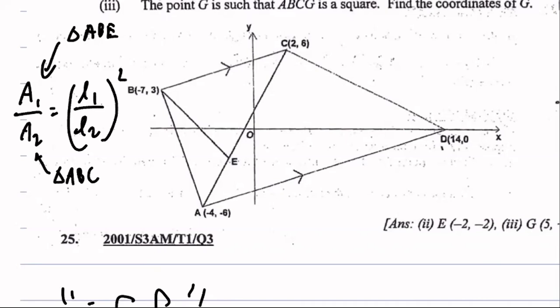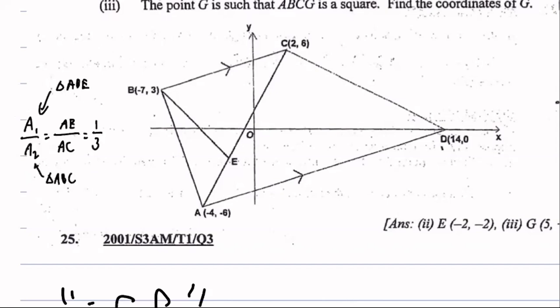But here we don't need to square, because they are not similar triangles. They are just common height triangles. So it's just the ratio of their bases, AE over AC. Then you realize that it's just 1:3 because the ratio of the area was given as 1/3.